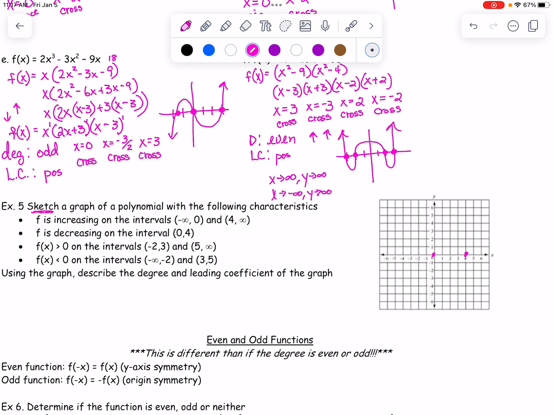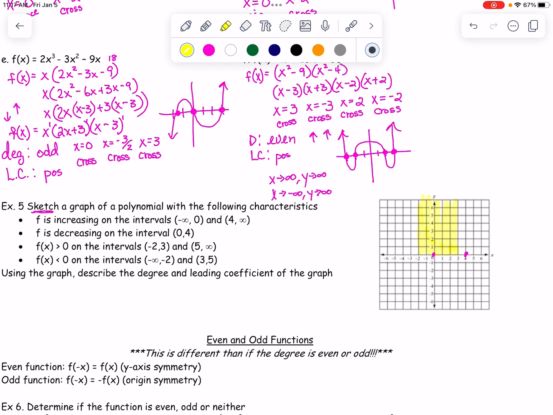On the next one, it says that f of x is greater than 0 in the intervals between -2 and 3. So between -2 and 3, if it's greater than 0, it has to be above the x-axis, so it's going to be up here. I'm going to highlight that.